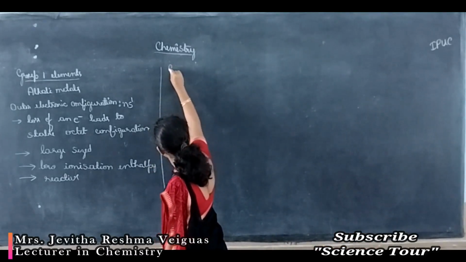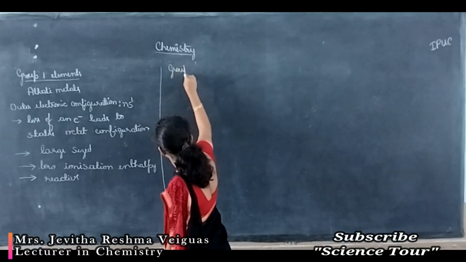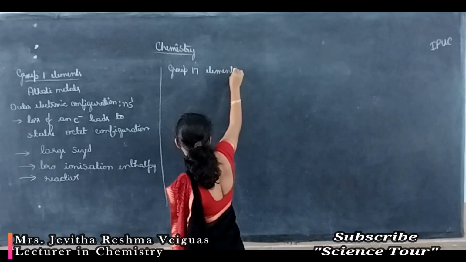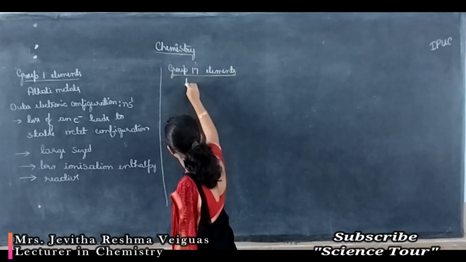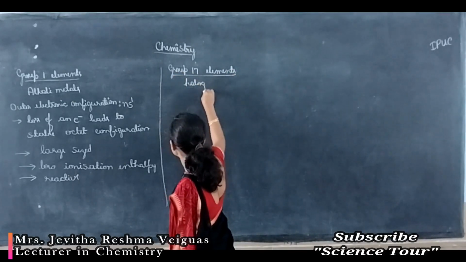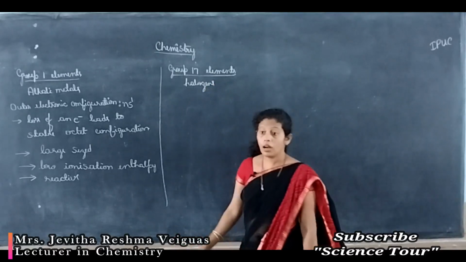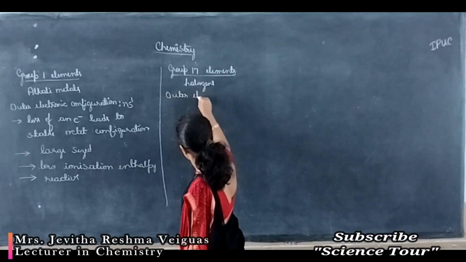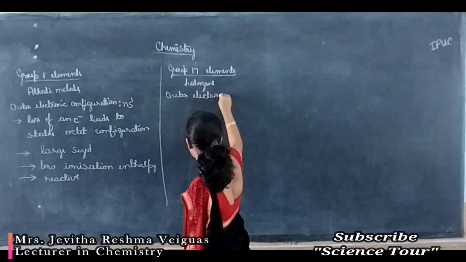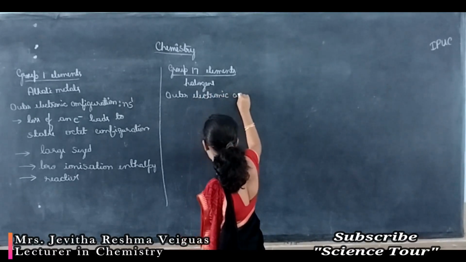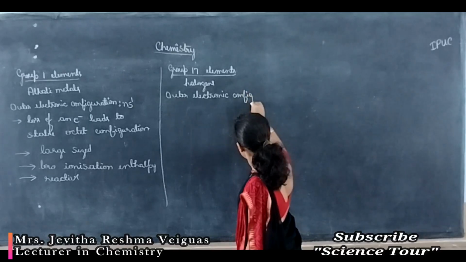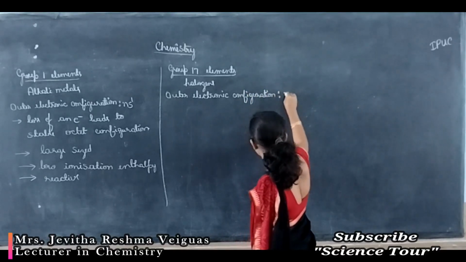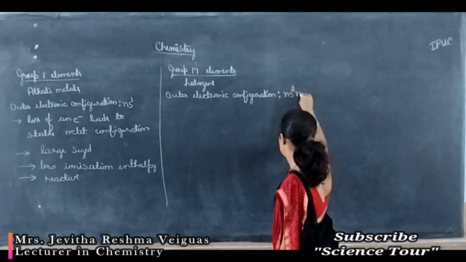Now, next let us consider group 17 elements. Group 17 elements are called halogens. For these elements, the outer electronic configuration is ns2 np5.